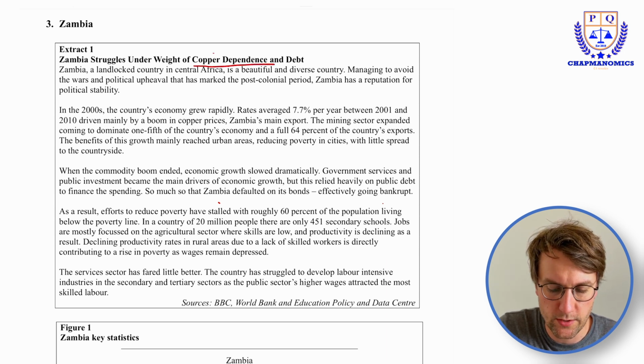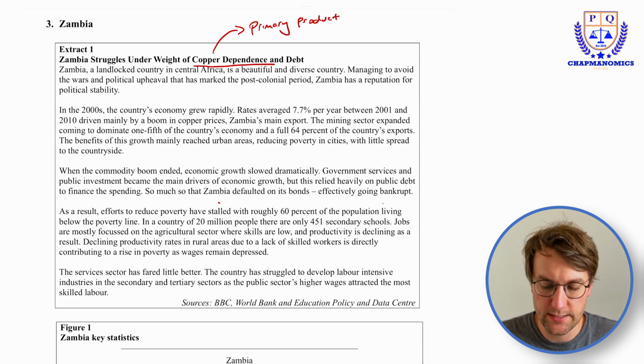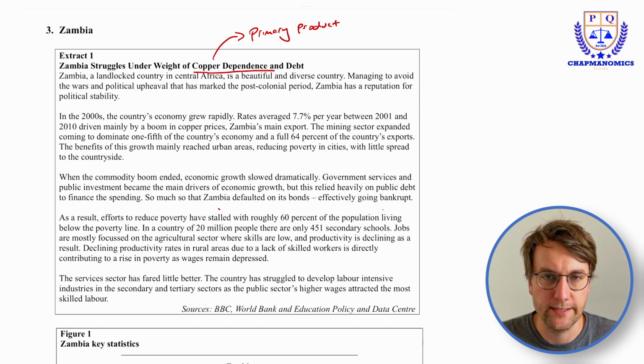Now, I happen to know that copper is a primary product. This is something that we're going to dig out of the ground. This is not something that we're going to be manufacturing. And as a result of that, the price of copper is probably going to be fairly low, because you then use copper to produce other goods and services. As a result, the copper itself has to be a cheaper price than the other goods and services, otherwise our firms are just losing money.